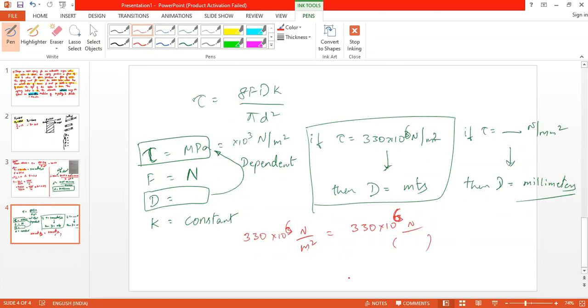How many millimeters for 1 meter? 1 meter is equal to how many millimeters?